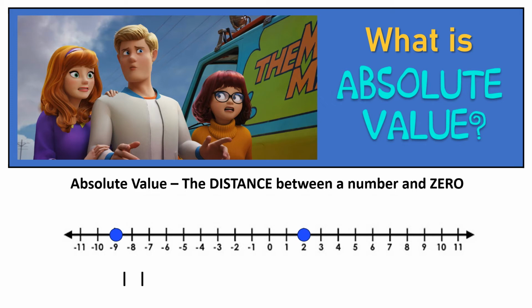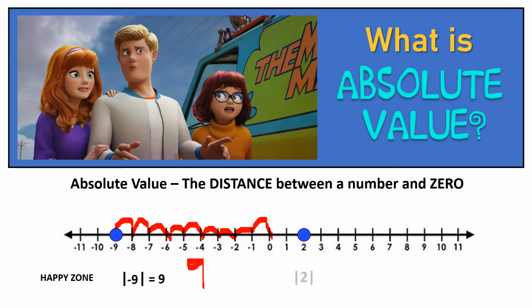I like to call that my happy zone because whatever you put inside, so for now we're going to talk about -9, no matter what you put inside, it's going to be positive. When you think happy, you think positive. So the absolute value of -9 is 9. And if you look at the number line, you can see it is 9 units from 0. 1, 2, 3, 4, 5, 6, 7, 8, 9. So the absolute value is 9.